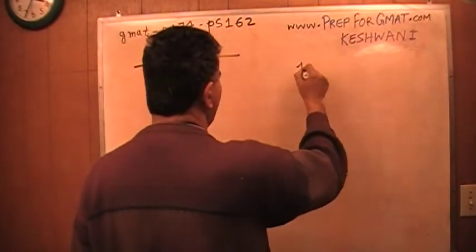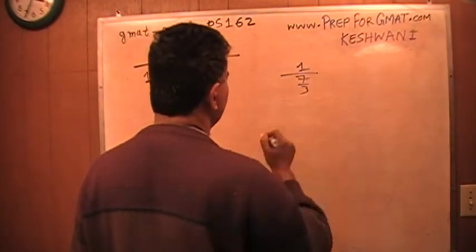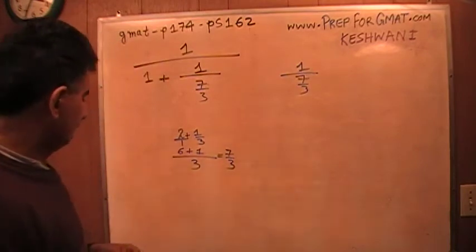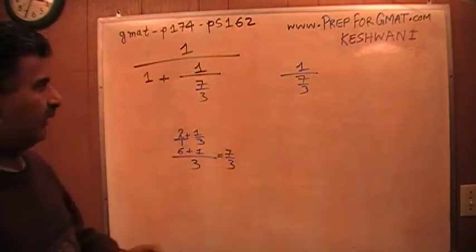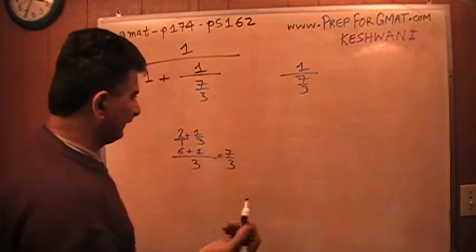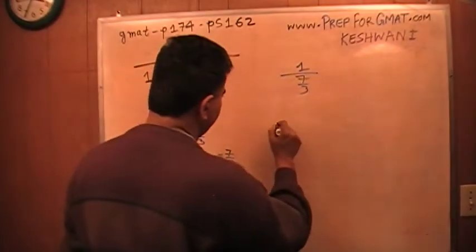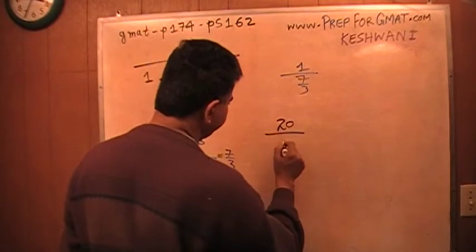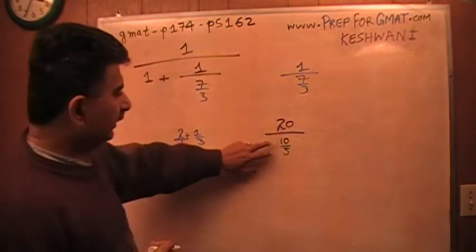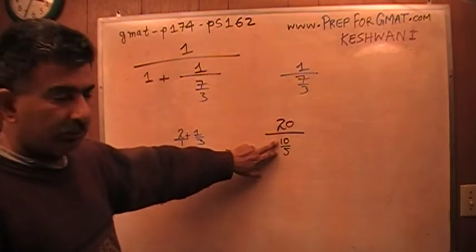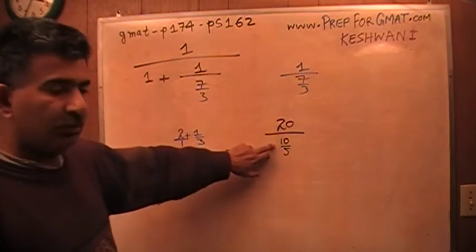Now the question is, what does this boil down to? If you have 1 over 7 over 3, what do you do with it? I hope that you know that when you have a fraction in the denominator, let me give you a very simple example here. Let's say 10 divided by 5. I know that 10 divided by 5 is 2, and therefore 20 divided by 2 should give me 10.